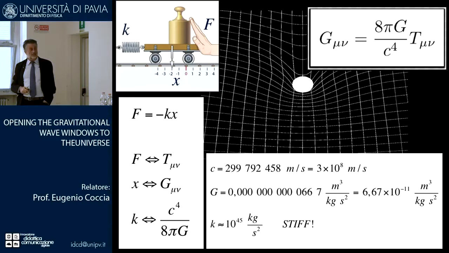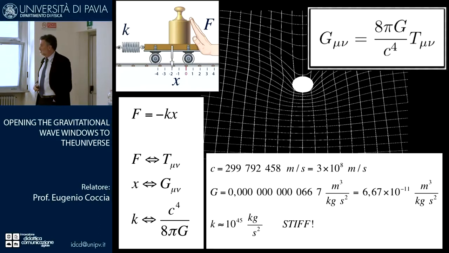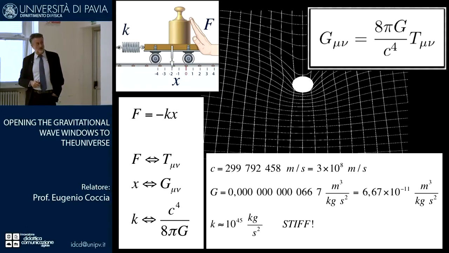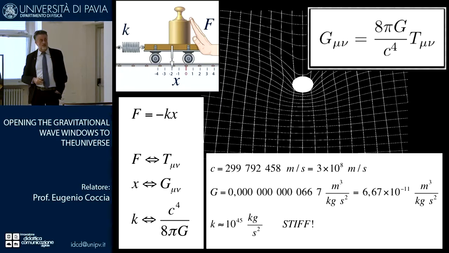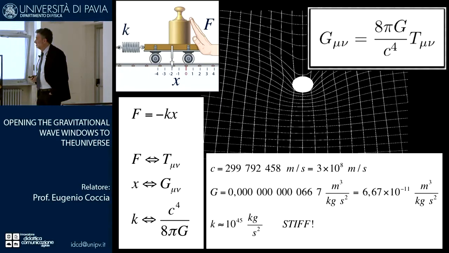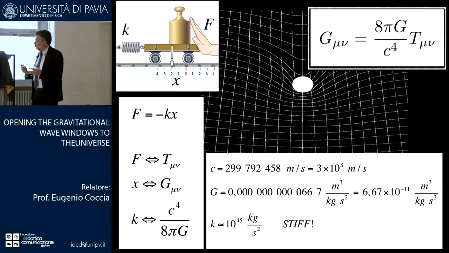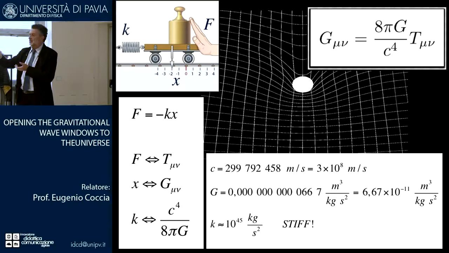And what happens is that space-time is very stiff. It's the stiffest thing in nature, if you want. And this is because c is big, G is a small number, so the elastic constant of the space-time is incredibly high. It's very difficult to deform space-time. I cannot deform space-time with an object like that.